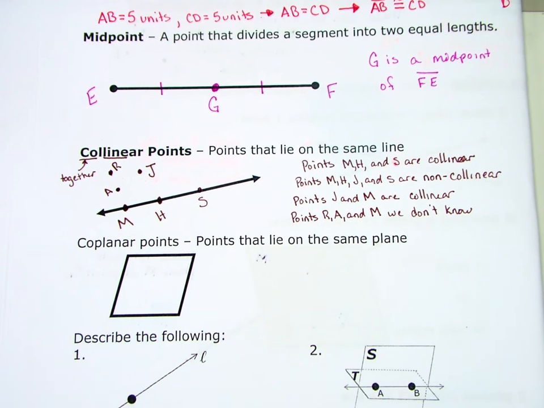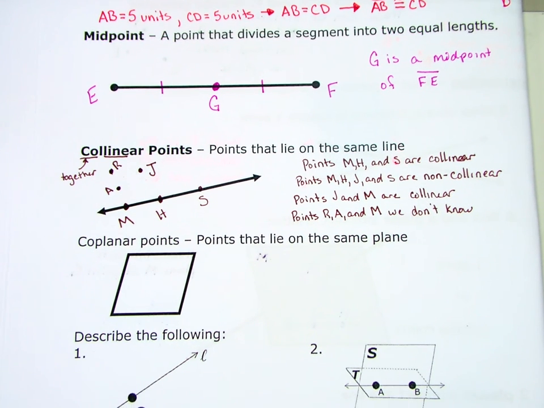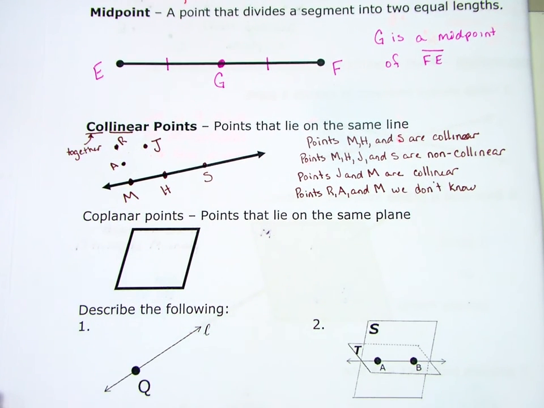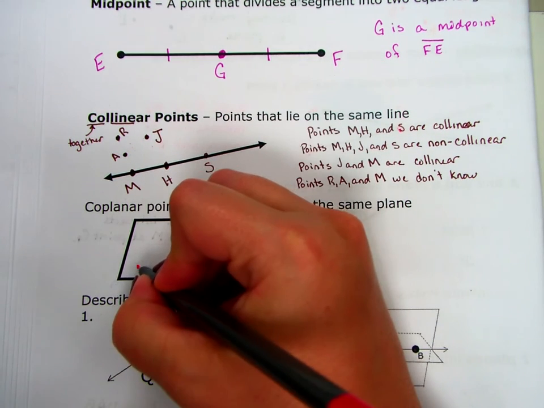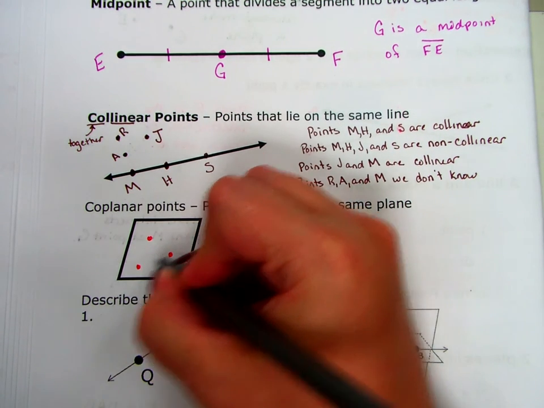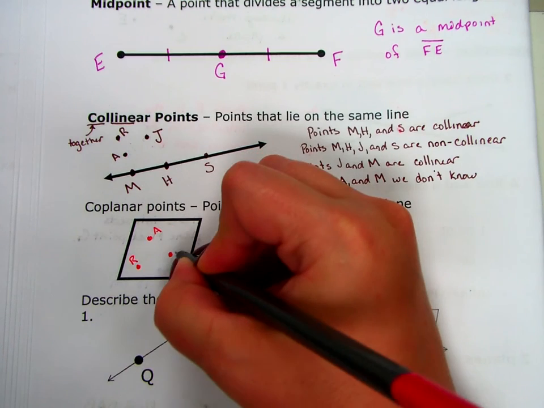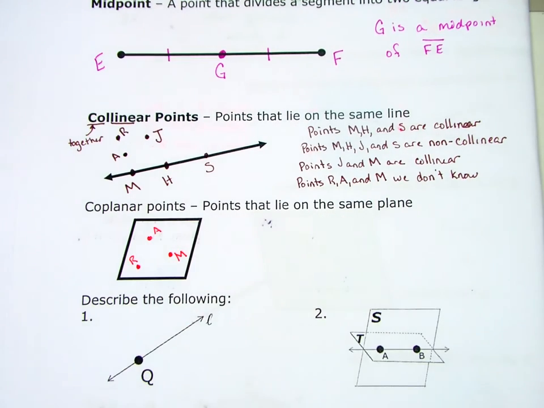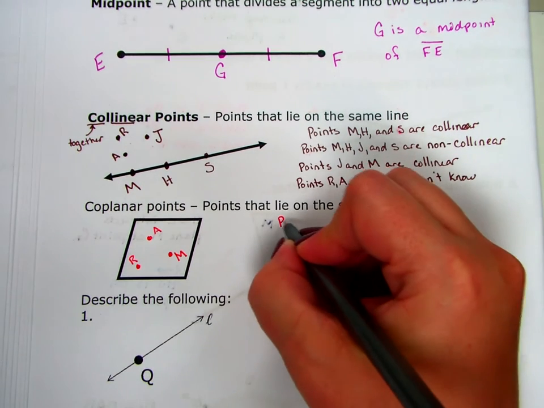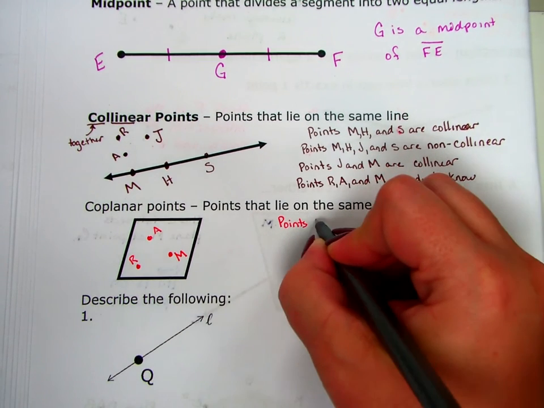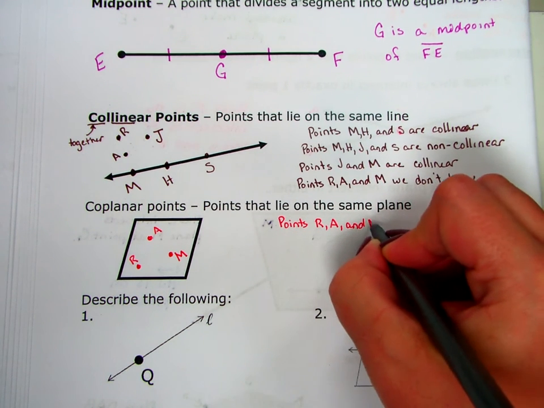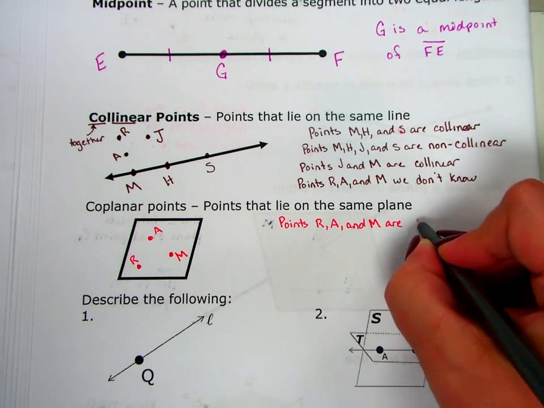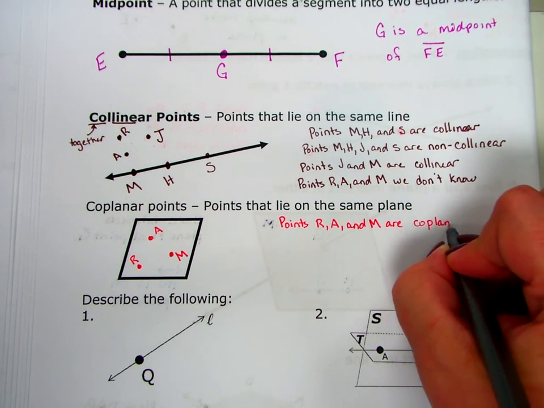If collinear points are points on a line, then coplanar points are points on a plane. So let's say I put 3 points on this plane: R, A, and M. We can say that points R, A, and M are coplanar.